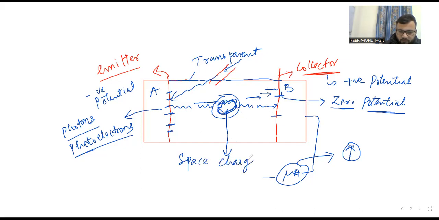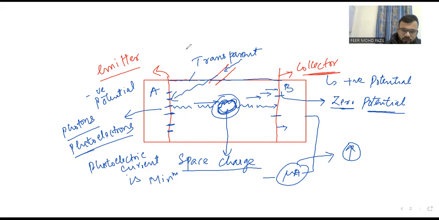So dear students, at space charge, what actually happens? When the potential of this is zero, no electron is able to reach the collector plate, and the electrons get accumulated in between A and B. That is what we call a space charge. At space charge, the electric current is minimum. Very important thing.